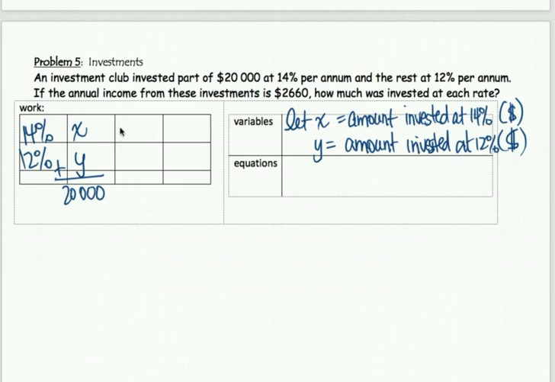Okay, so what you're going to do here is multiply the percent, but remember as a decimal, 0.14 times the x, and then 12% as a decimal, 0.12y, and you add it up to the 2,660. Okay, so here are the 2 equations.